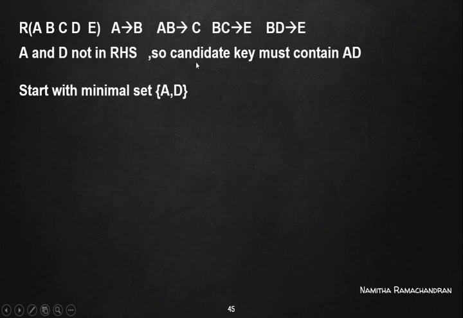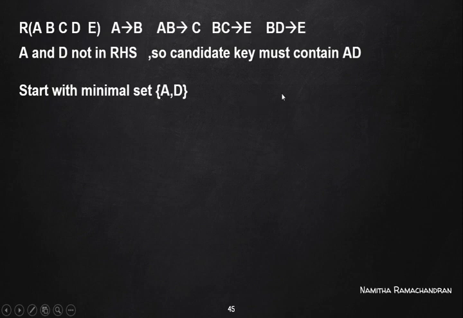So it is clear that all the possible candidate keys of this given relation R must contain the attributes A and D, because none of the given functional dependencies can derive the values of A and D. So all the possible candidate keys of our relation R must contain attributes A and D. So start with the minimal set.